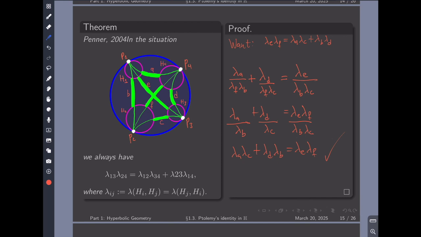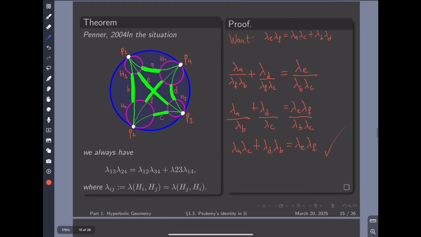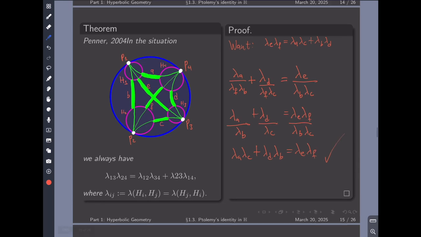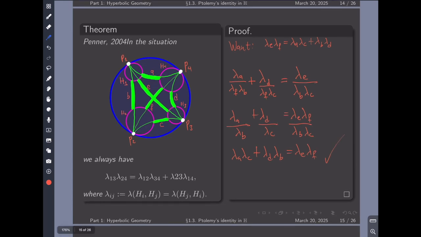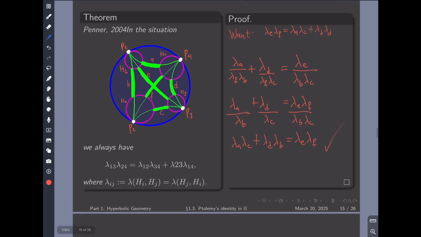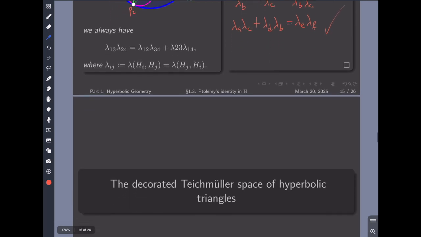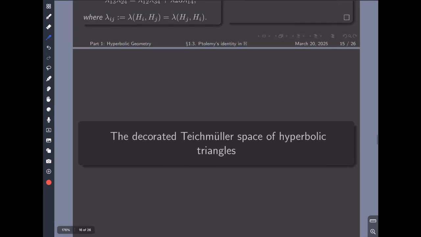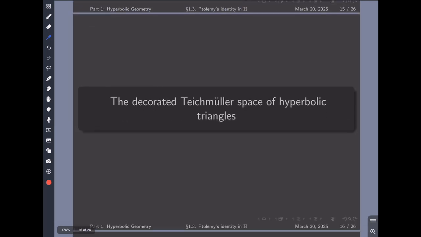I can try to prepare something about that, but at the moment I don't want to say too much because it's going to be just disorganized thoughts. Okay. But it's really nice that you observed that.